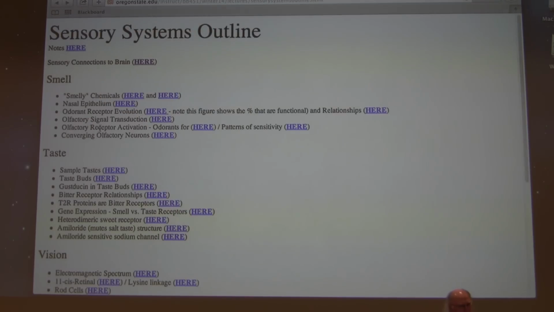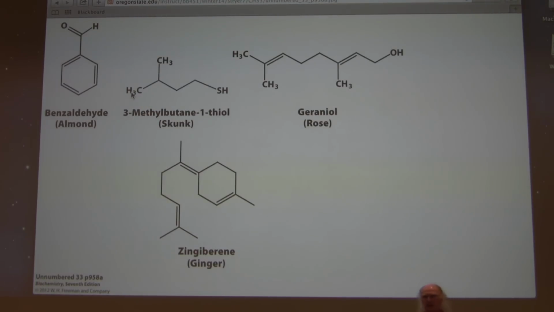I start with smell. Smell is a sense that comes in through our nose, and other organisms sometimes have peripheral organs that help them to sense chemicals by a process like what we call smell.